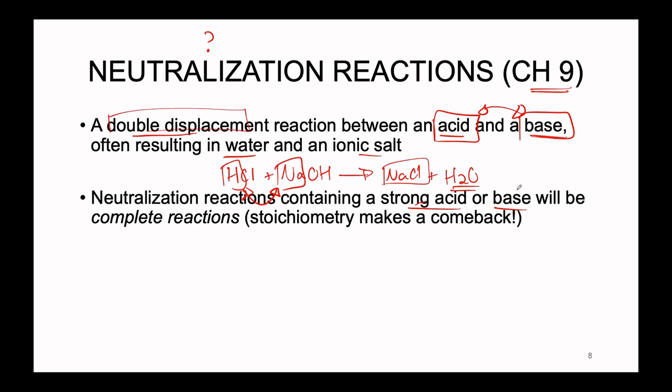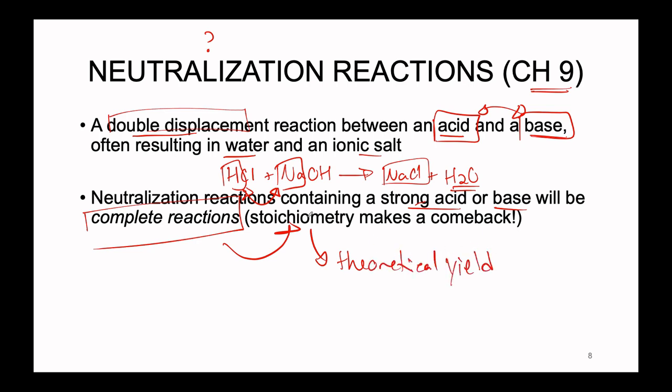If a strong acid or strong base is present, our reaction is going to be a complete reaction. Complete reactions mean that we're going to be looking at stoichiometry again. So here's where everything now is going to come to a head. We have studied in the past, chapters 8 and 9, complete reactions where stoichiometry comes into play, where we're looking at theoretical yields, and we're able to predict a theoretical yield using stoichiometry.